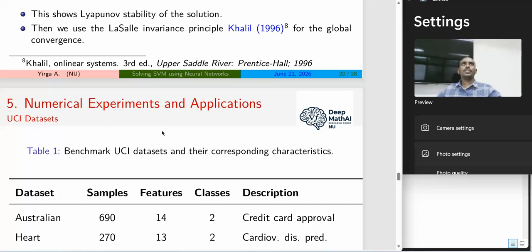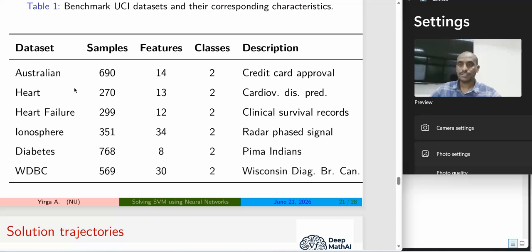So what we did was we employed the model on synthetic and UCI datasets. Actually, here I brought only the UCI datasets. We have 6 UCI datasets here, along with their number of samples, number of features, and classes. We are classifying them into 2 classes actually.